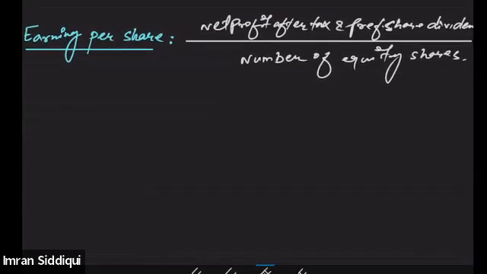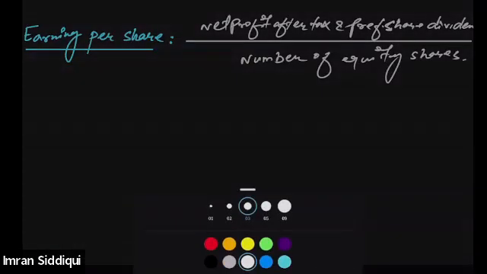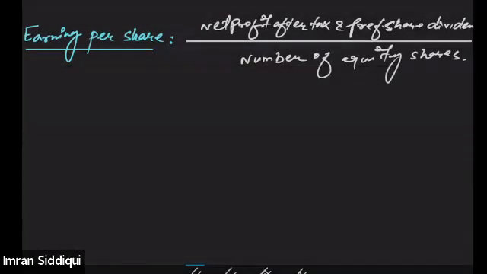All right, so this is our formula. But in order to apply this formula, we need the net profit after tax, and before that, we need the value of the tax. Net profit before tax is given in the question. And we want profit after tax and dividend as well. Got it?